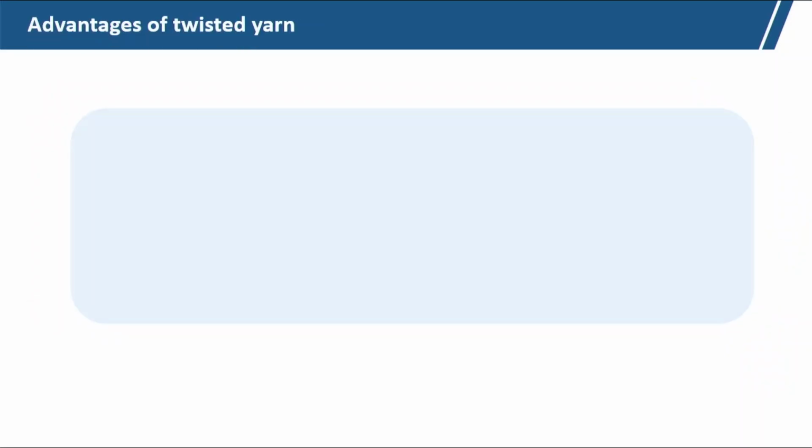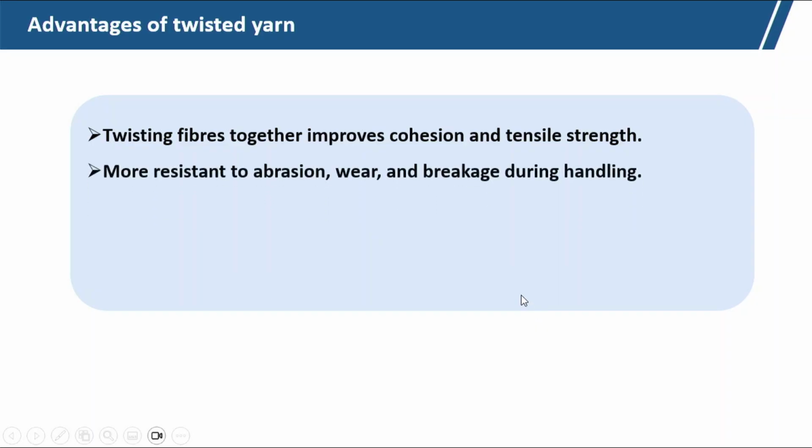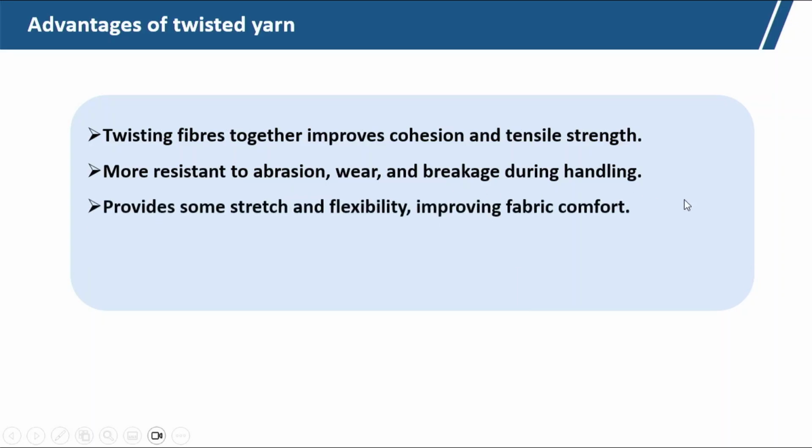So, the advantages are, you can see, twisting of fiber improves the cohesion and tensile strength, is more resistant to abrasion, wear and breaking during handling, provides some stretch and flexibility and improves fabric comfort.